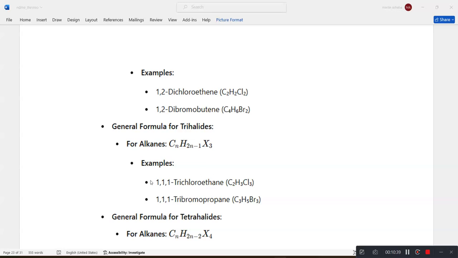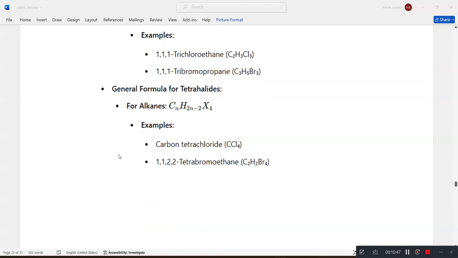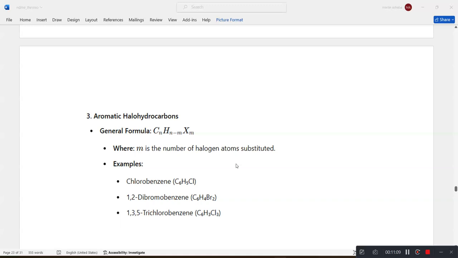So an example is 1,1,1-trichloroethane, 1,1,1-tribromopropane. There's also tetrahalides where we have four halogen atoms replacing four hydrogen atoms on hydrocarbons. So one of them is the carbon tetrachloride that we know, the 1,1,2,2-tetrabromoethane, and so on and so forth.